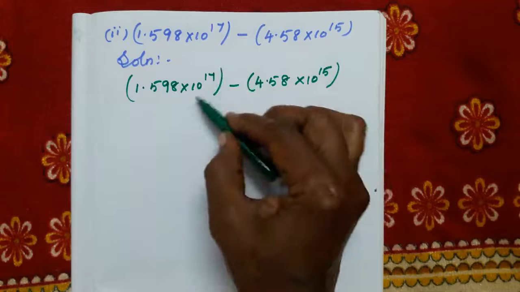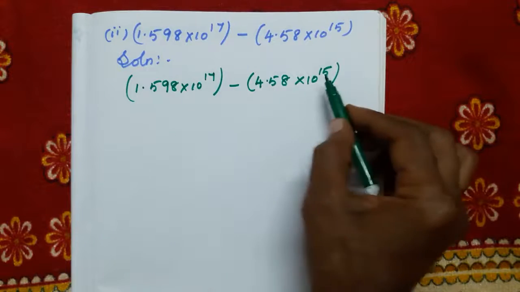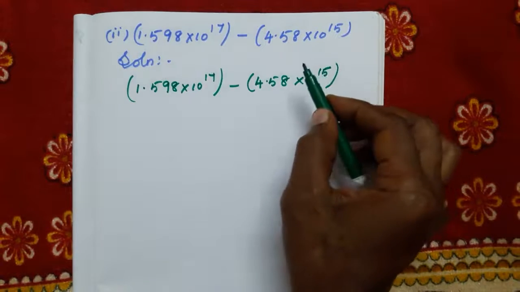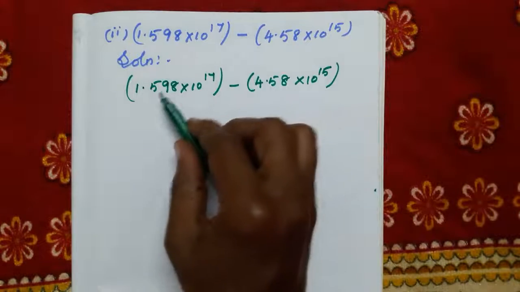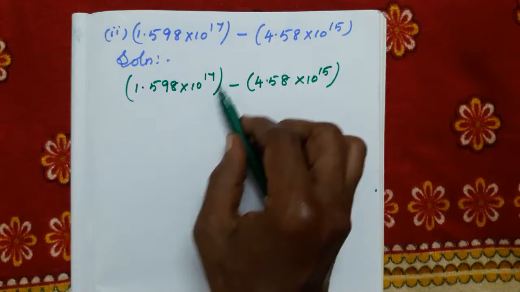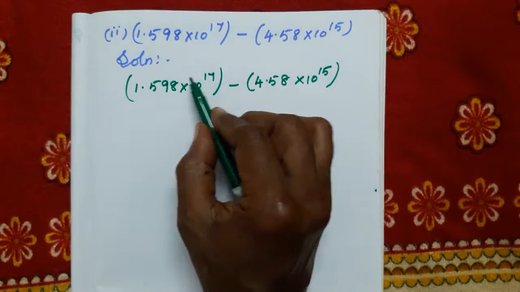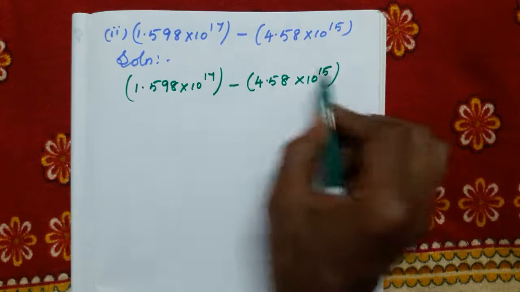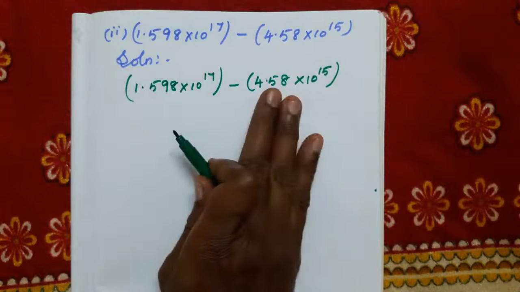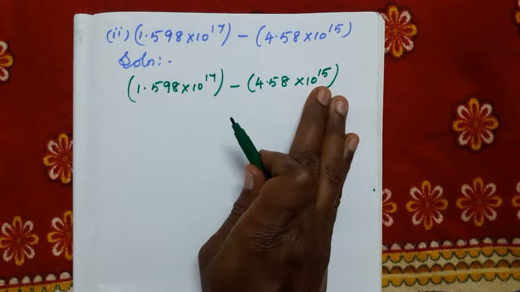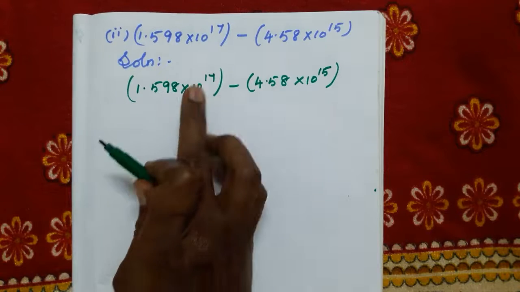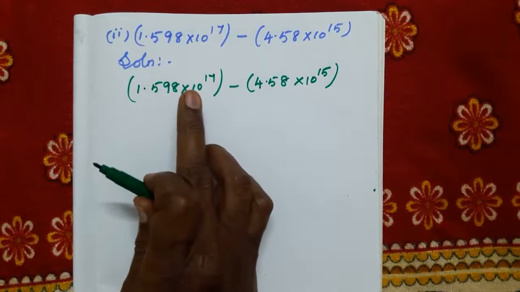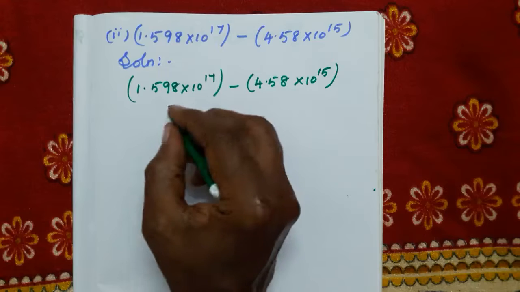Here, see, the powers are not equal, is it? So first what we have to do? We want to convert these into the same order. Here 10 power 17. We want to convert this number into 10 power 15, or the other number into 10 power 17. First, I am writing this.